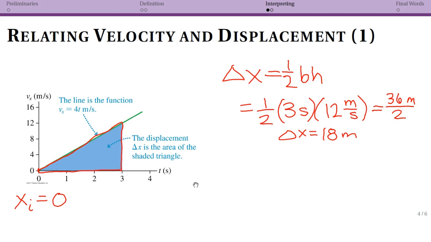But now what if I wanted a functional form? So instead of just one value, I wanted displacement as a function of time. So let's just take some value here, t, and think about this triangle. So now my displacement as a function of time is still going to be 1/2 base times height, but my base is now equal to t.